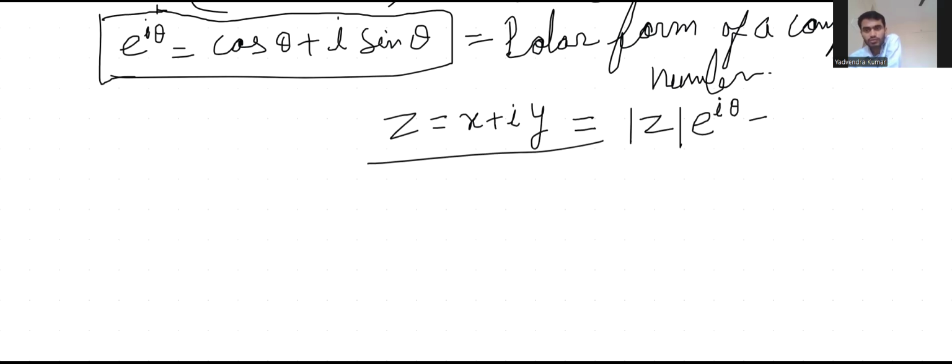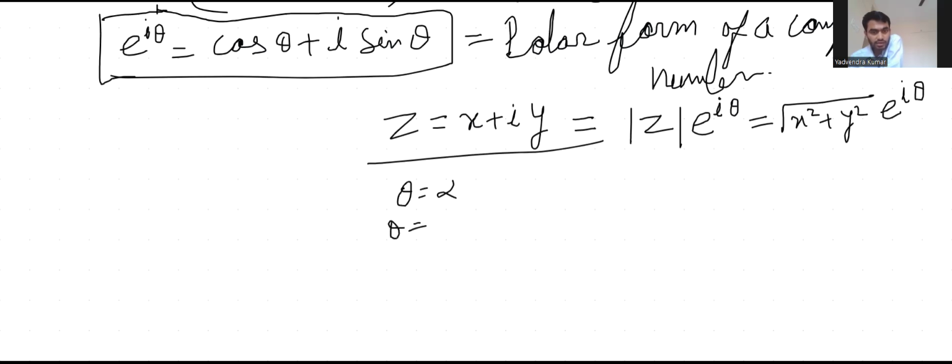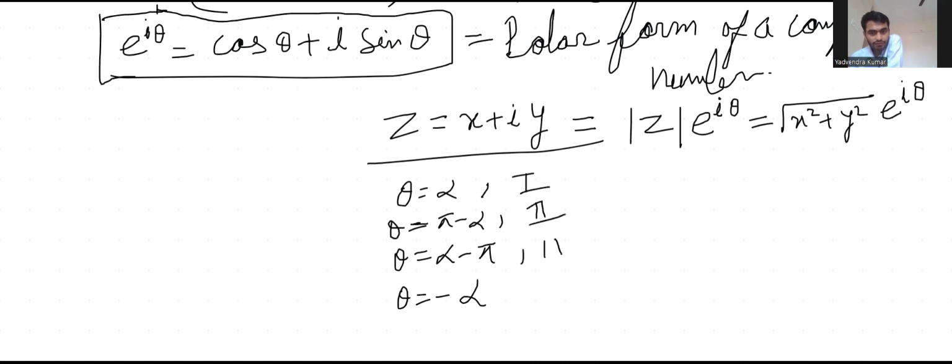It is going to be root under x square plus y square times e to the power iota theta. How do we calculate theta? According to the quadrant, the same process. Theta is alpha, theta is pi minus alpha, theta is alpha minus pi, and theta is minus alpha, according to the first quadrant, second quadrant, third quadrant, and fourth quadrant.